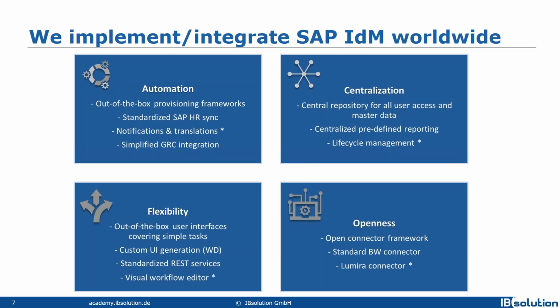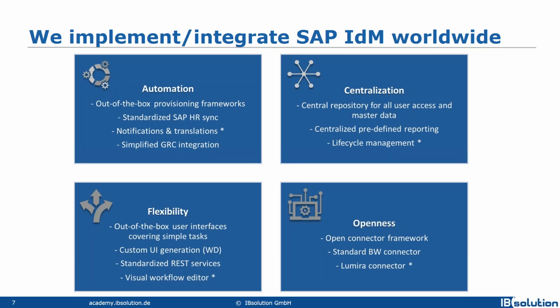The last group of features is that the framework for the IDM solution is quite open. Open means you are able to extend it, and that's what we actually used to build our rapid deployment solutions. It's an open connector framework, and you probably know this already because you see how many connectors there are on the market which are provided by other providers and not by SAP directly.